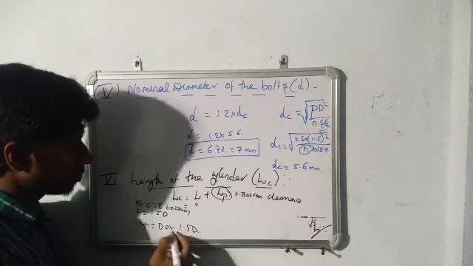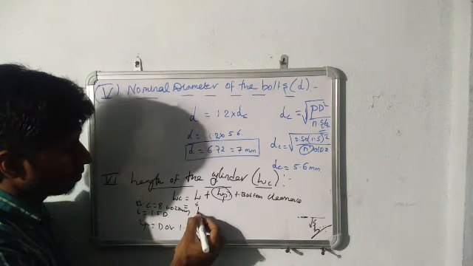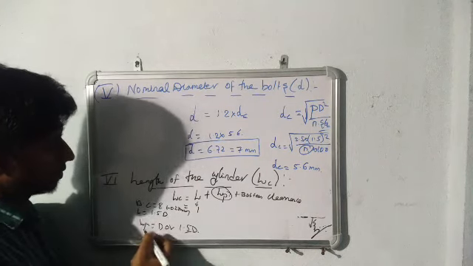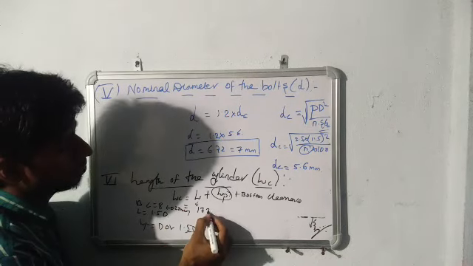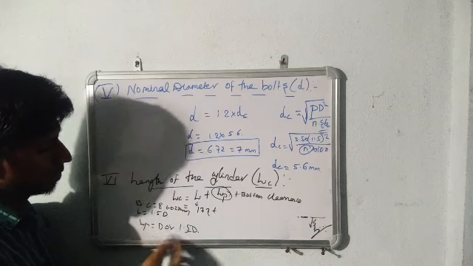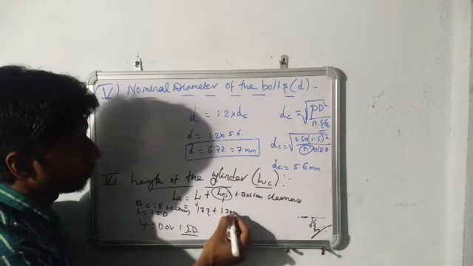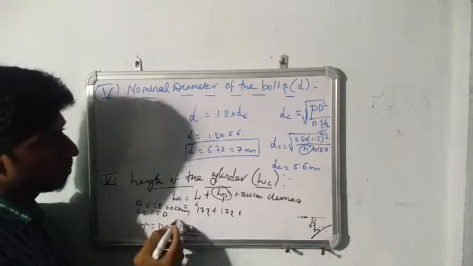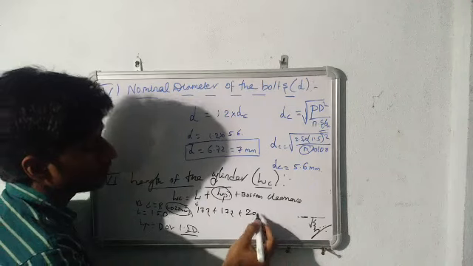Let's substitute these values here. The length of the stroke is 173, plus 1.5 times D, and I consider the bottom clearance at its maximum value, 20 mm.